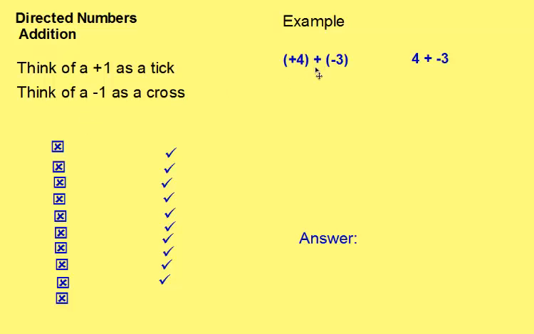So if I want to do this problem over here, sometimes it's in brackets like this, positive 4 and negative 3. What have we got here? We've got 4 ticks. And we've got 3 crosses.